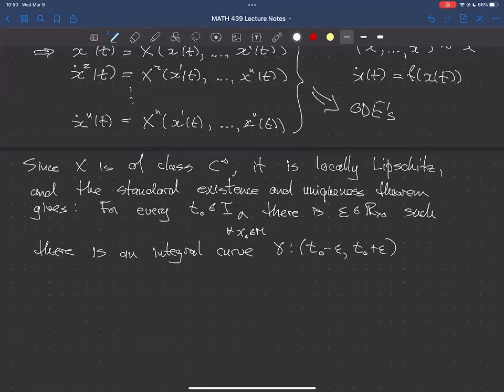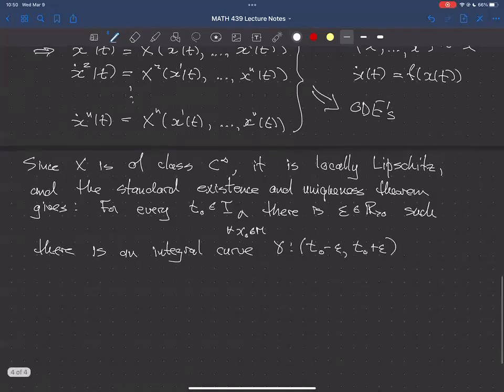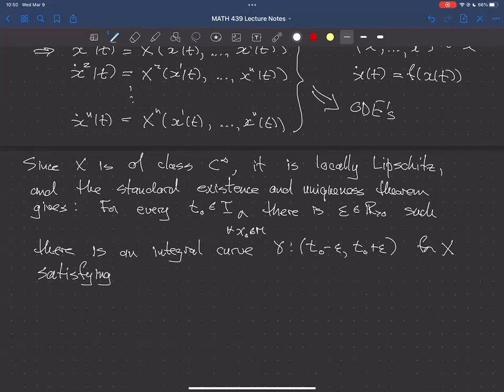So there exists an integral curve gamma for x satisfying gamma of t naught equals x naught. That's what the standard existence theory gives us for solutions of that ordinary differential equation, and therefore for existence of integral curves.